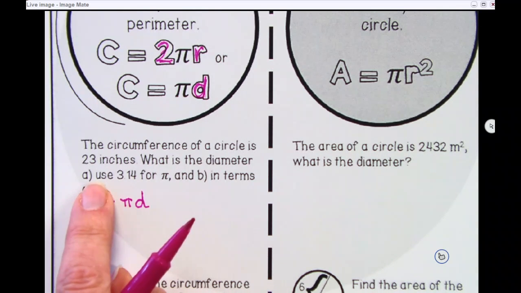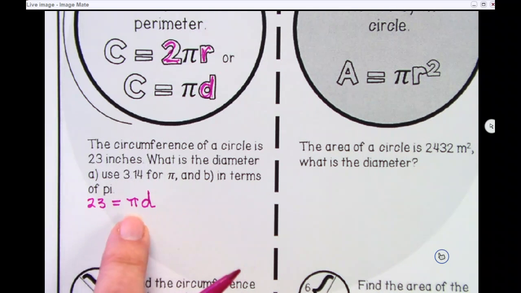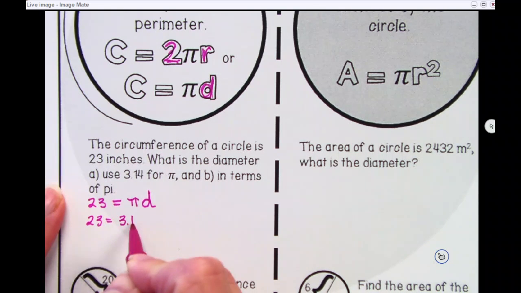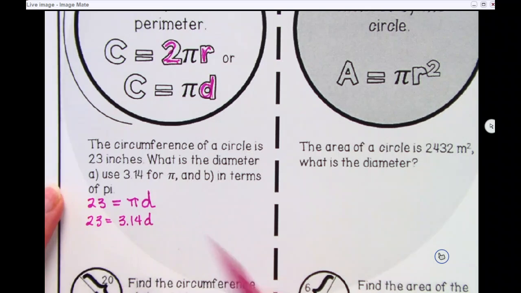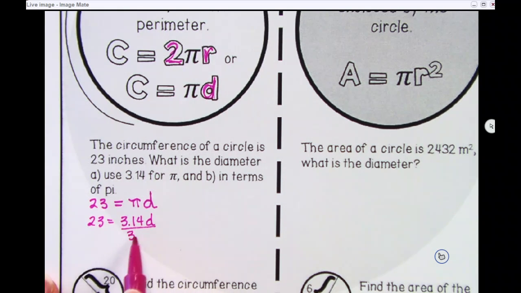Now, part A says use 3.14 for pi. So what am I going to replace that pi symbol with? 3.14. All right, so 3.14d. How do I solve for d? Divide. Yep, divide.